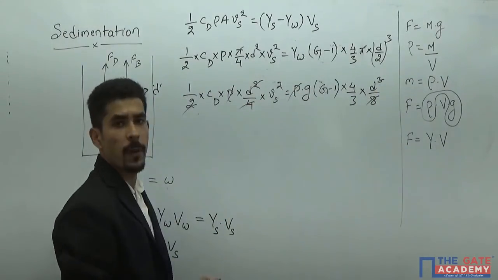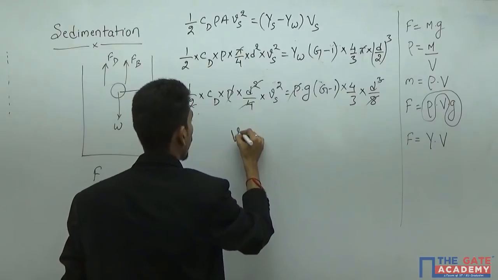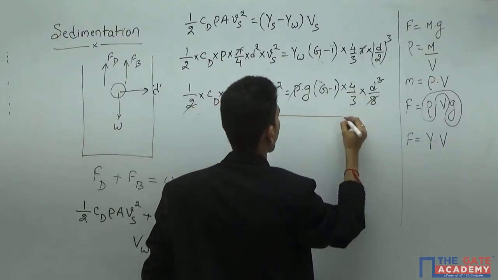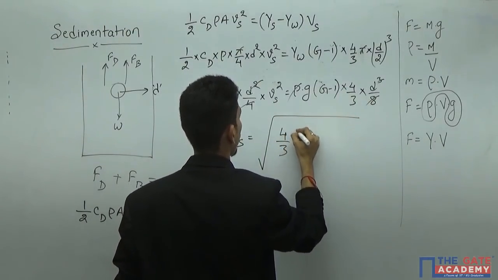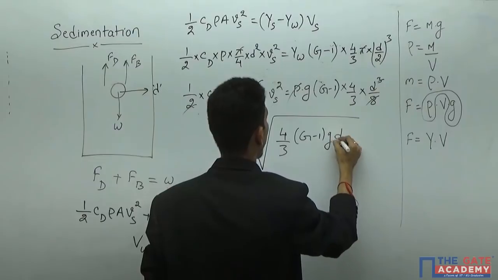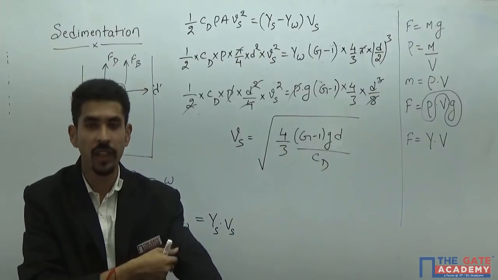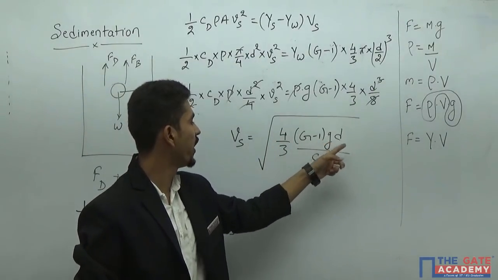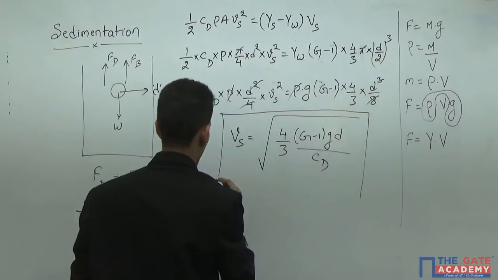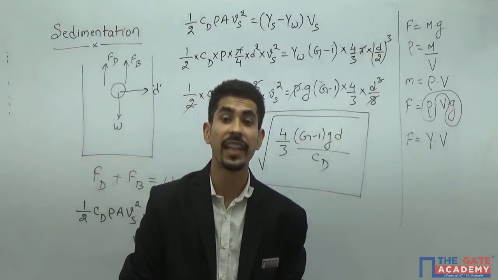When I solve this expression for settling velocity, I'll get Vs equals under root of 4 by 3 (G minus 1) g d divided by Cd. This is an expression for settling velocity.